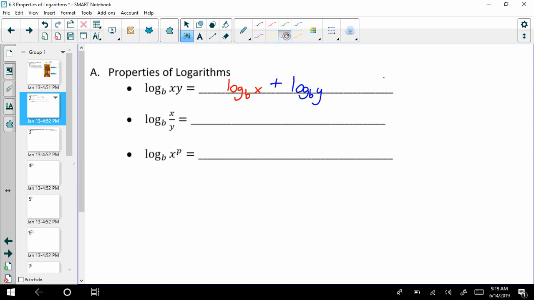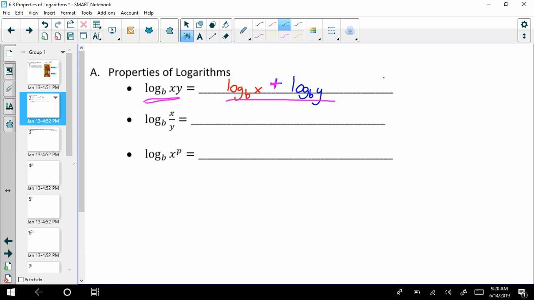And I now have addition between them. Mathematically, these 2 quantities give you the exact same answer. If I were to actually have values for x and y, if I did this side and I did this side, they would be equivalent. I know they don't look equivalent, but mathematically they would be.